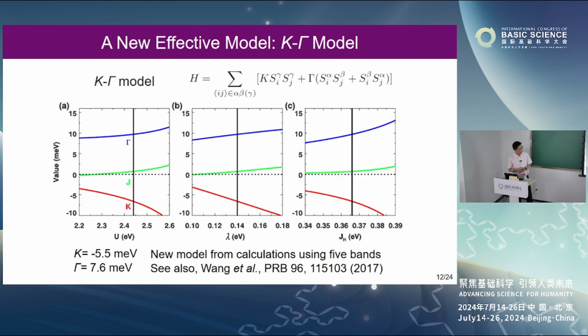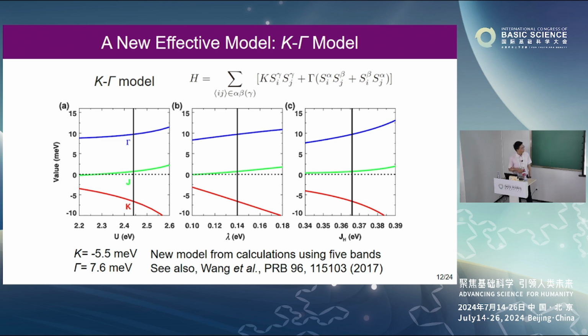And so the next thing is we need to analyze the spectra. This will require us to get an effective model. As I said before, people believe that this material should be described by the KJ model or JK model, which is a Heisenberg term plus a Kitaev term.